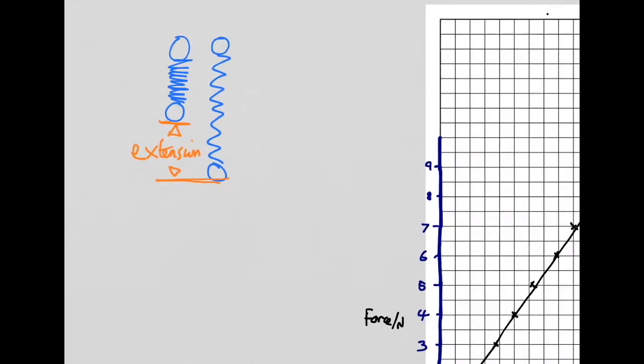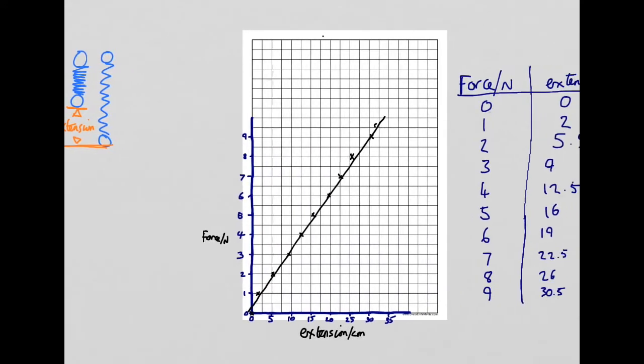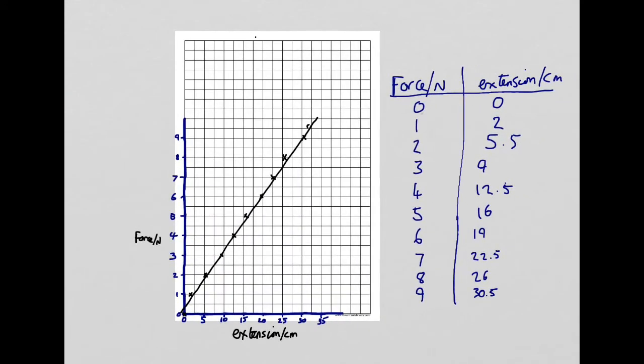Now, our results show that force and extension are directly proportional to each other. How do we know that? Well, there's two ways that we can tell. If you look at the results on the graph, they form a straight line that goes through the origin. That's our first indication that it's directly proportional. Secondly, if you double one of them, so let's double this 2 to get to 4, you will also double extension.